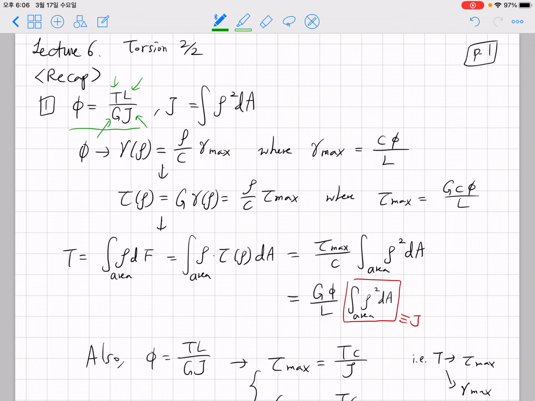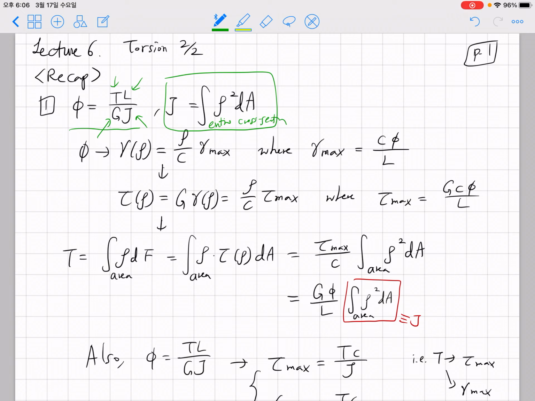And J is something similar but different to cross-sectional area. J is defined as the integral of rho squared dA. Rho is the distance from the center, and dA is the infinitesimal area of the cross-section, and this integral is over the entire cross-section.